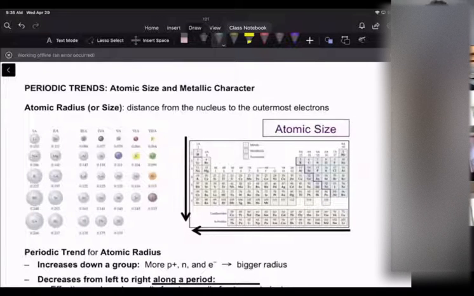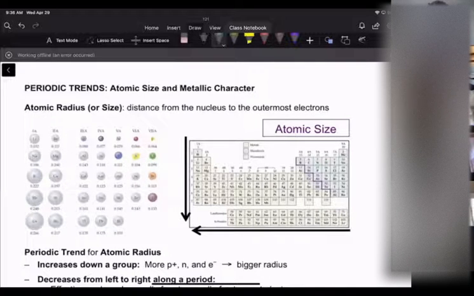We also have some periodic trends. So we've been talking about how every time we move from element 1 to element 2, element 3, element 4, we add a proton inside the nucleus as we go across the boxes. We also add an electron in the outer shell, right? So we're adding protons in the nucleus, electrons in the outer shell.